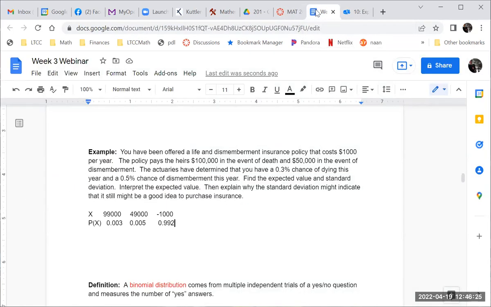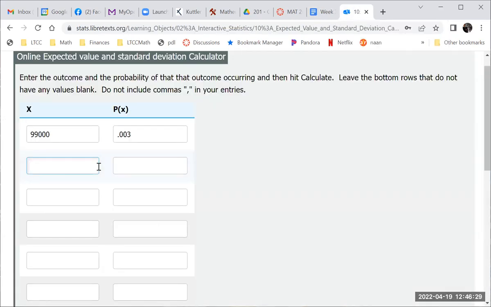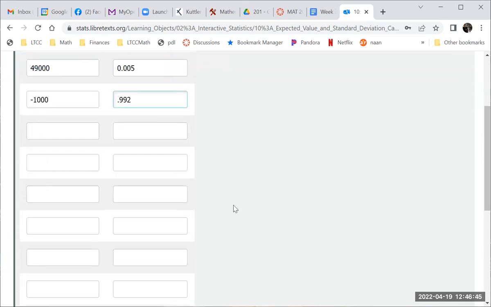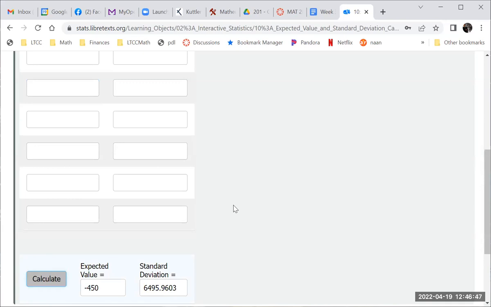And then we had 49,000, 0.005. And then we had negative 1,000, and that was 0.992. Let me just pop it in.